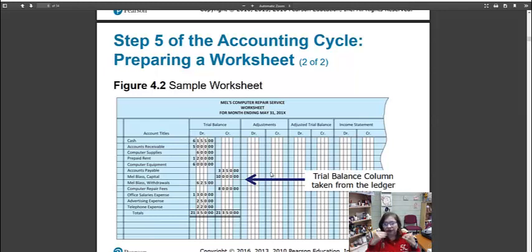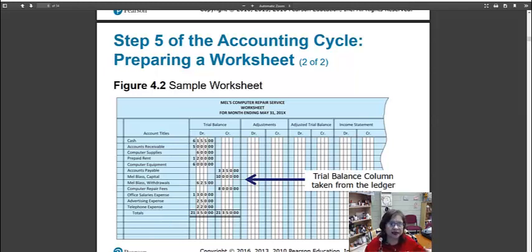But for us, this is what the sample worksheet is going to look like, where you have your trial balance, getting your balances from the general journal and putting them in. Now you see your adjustments, and this is where you're going to make any adjustments that you need to any of the accounts that are there, or accounts that you have forgotten to put in.